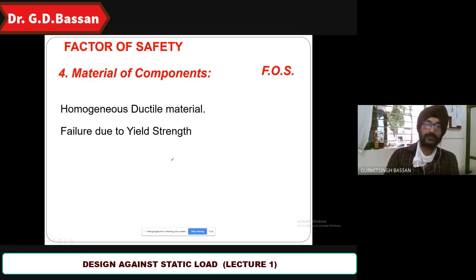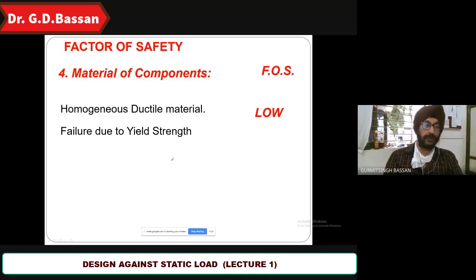So in this condition, we take the factor of safety as low, because we have sufficient time to understand that the component is going to fail, say within half an hour or 1 hour or 1 day or so on. So in that case, we have to take the factor of safety as low.